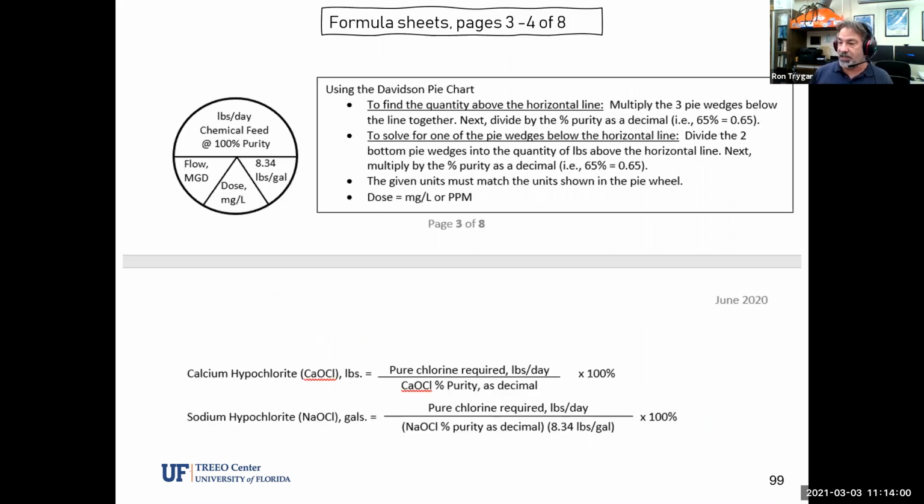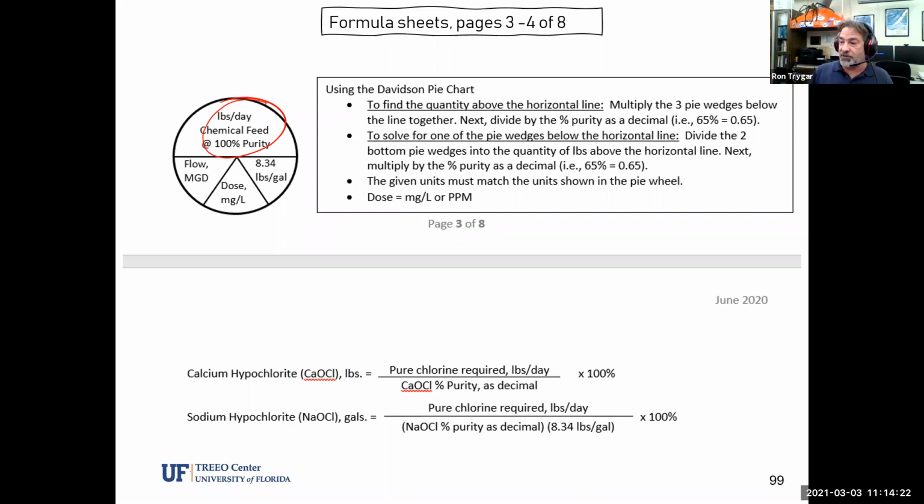So our formula sheets do show us how to work this out. The thing you have to know first is you got to do the 100% version of it. And then what we're going to do is divide by whatever strength they tell us, whatever chemical they tell us. If you have this at your warehouse or your supply trucks, it depends on what chemical you're using.